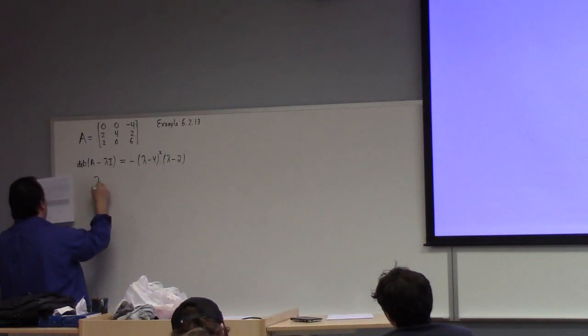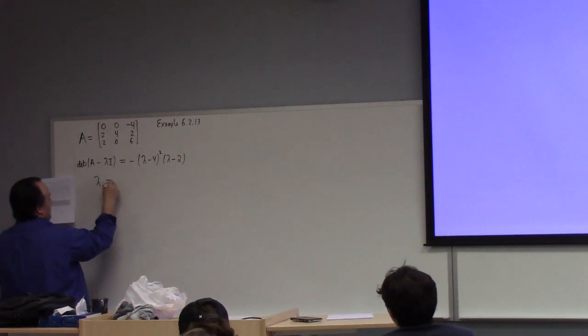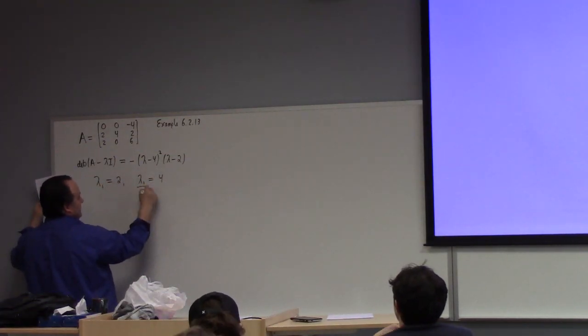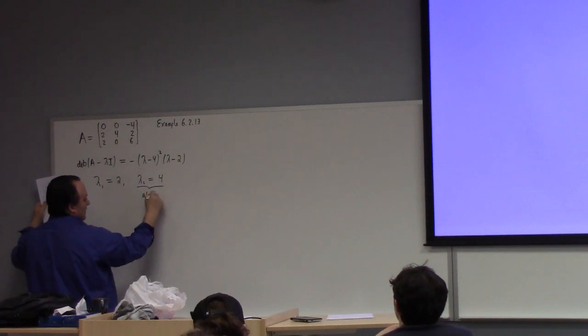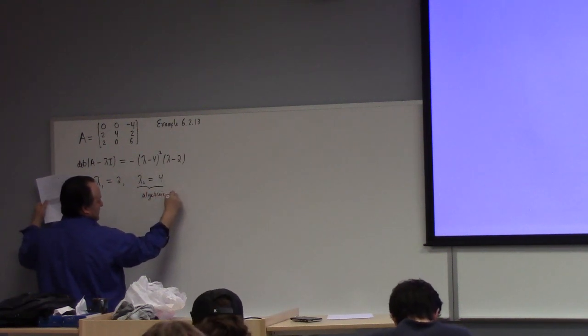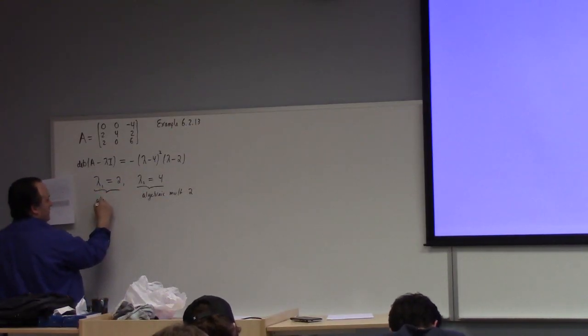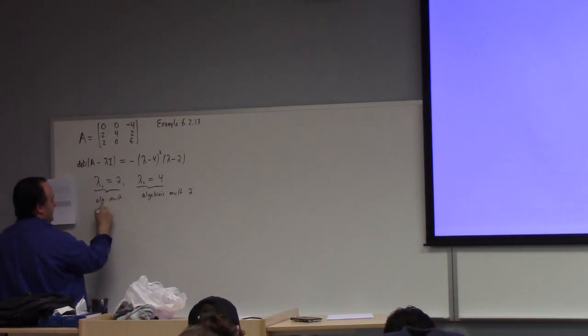So we get eigenvalues, let's say lambda 1 equals 2 and lambda 2 equals 4. This guy has algebraic multiplicity of 2. This one, of course, has an algebraic multiplicity of 1.